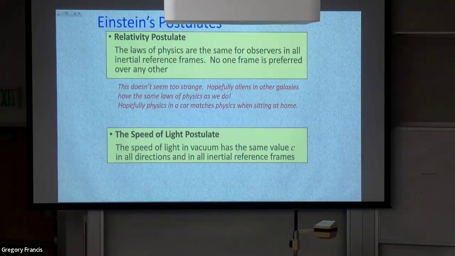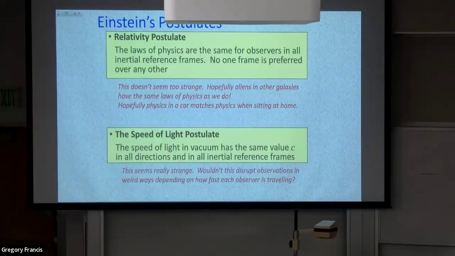He argued that the speed of light has to have the same value, 3 times 10 to the 8th meters per second, in all directions and in all reference frames. And sure enough, we've done test after test after test of this, and it turns out to be right.